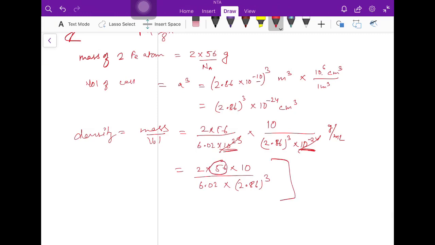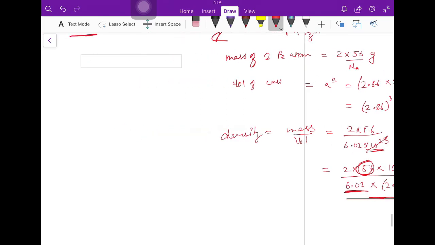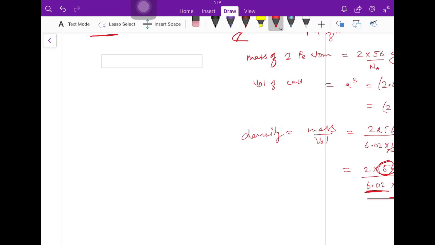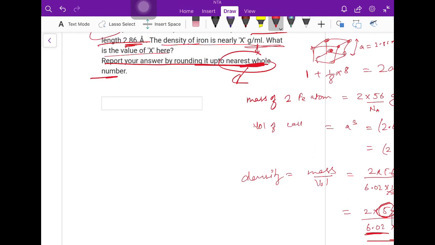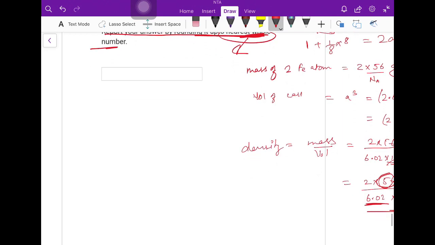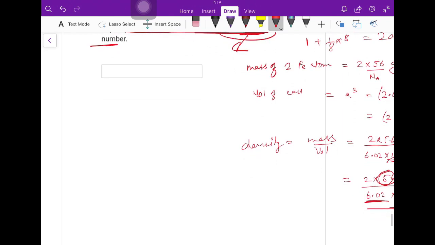We have not been given the value of atomic number of iron, we have not been given the value of Na, and how many significant figures we have to take. So divide it and see what you get. The answer they have given is in gram per ml.